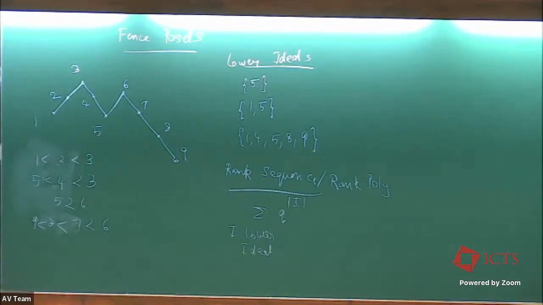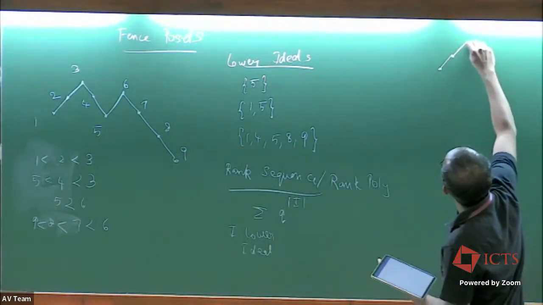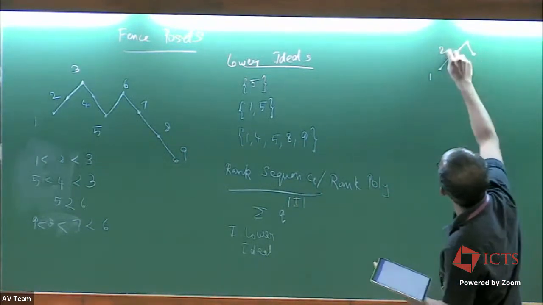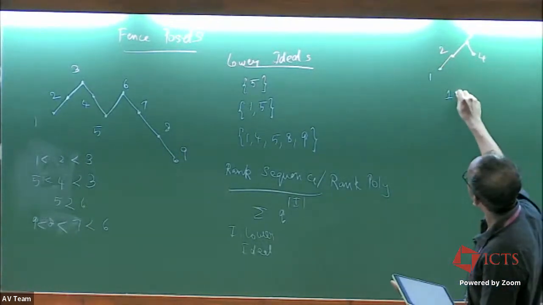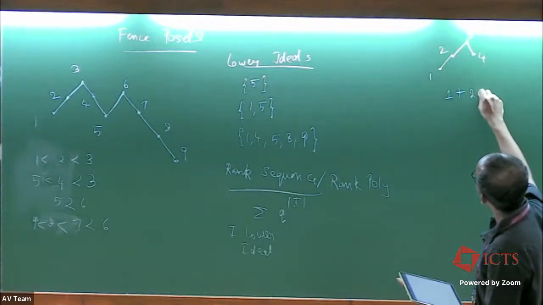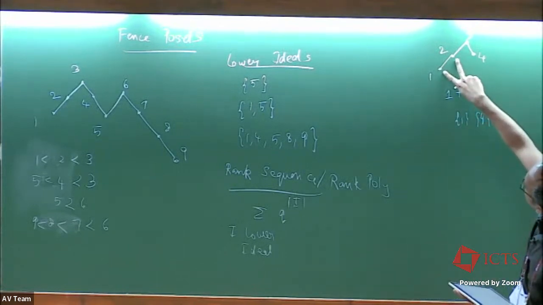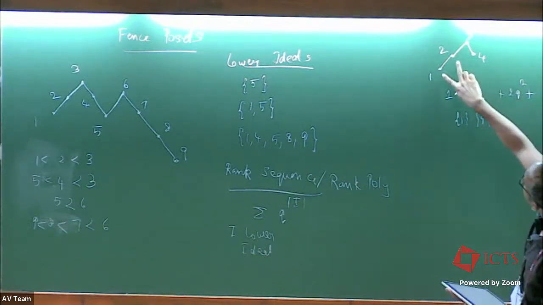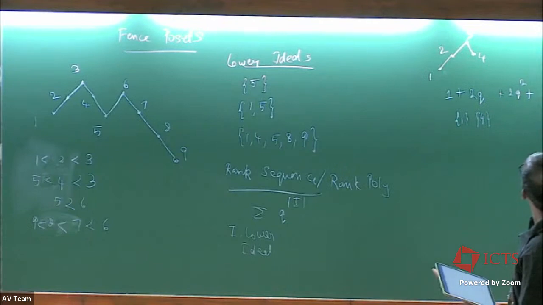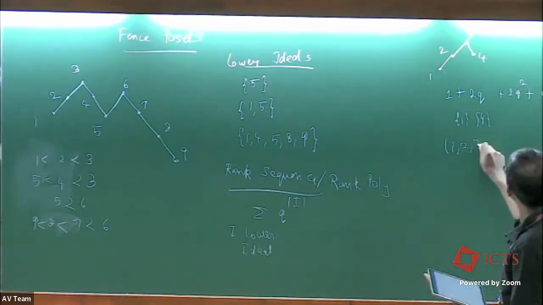So for instance, just so that we know what we're talking about, if you compute the rank sequence or rank polynomial for this, there is one lower ideal of size 0, 2 lower ideals of size 1, and then of size 2 you have 1, 2, and then you have 1, 4. Of size 3, you have 1, 2, 4. And size 4, you have everything. So this is going to be the rank sequence. Maybe you would write it as 1, 2, 2, 1, 1.